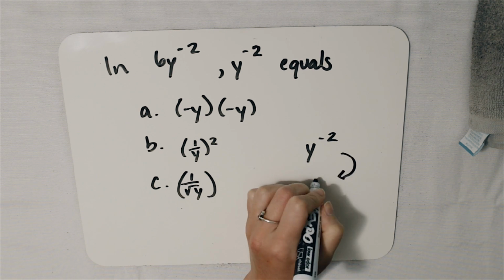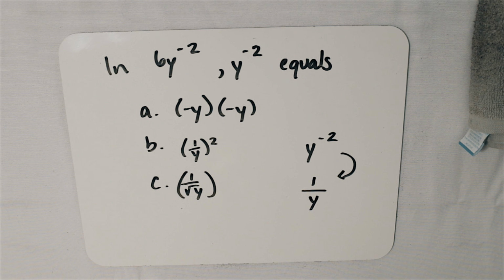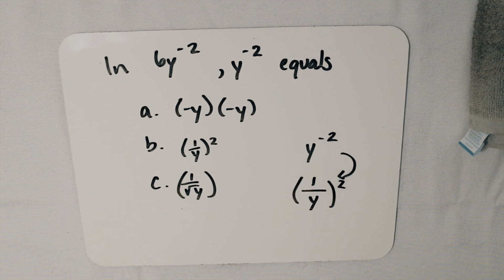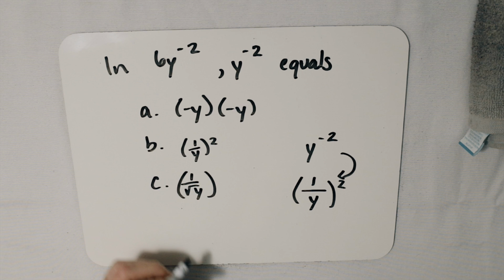That numerator is just going to be a 1 over y, and we need to keep that exponent of a 2 around the whole term. So y to the negative second becomes 1 over y to the second, giving us an answer choice of B. So keep that in mind when we're doing negative exponents to positives. We move it to the denominator and that makes the exponent positive.